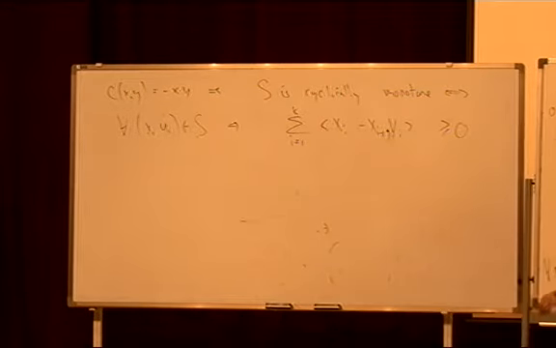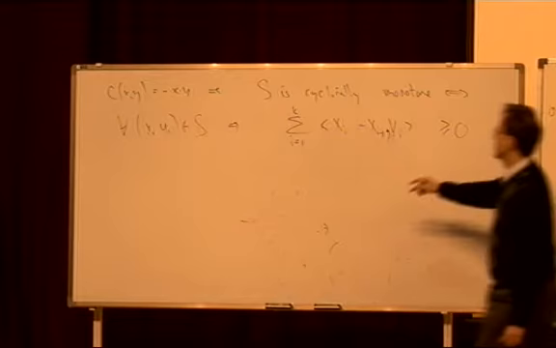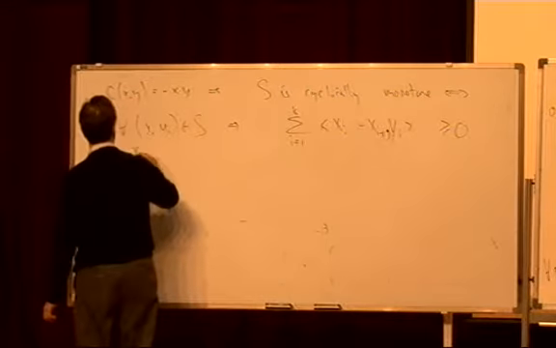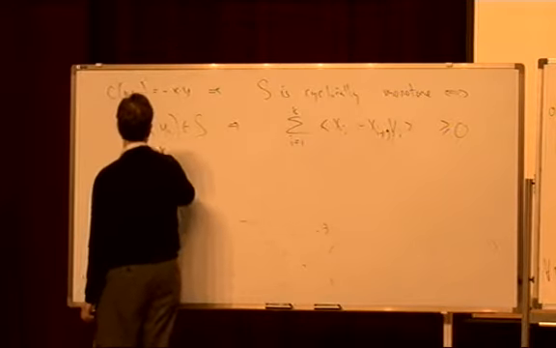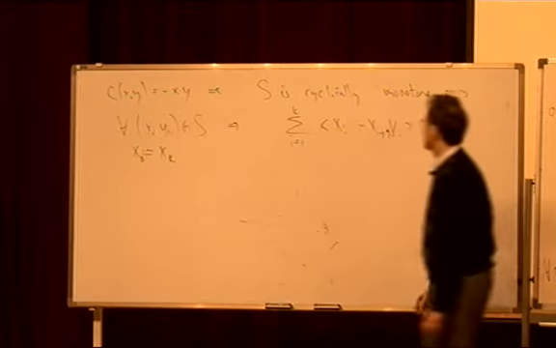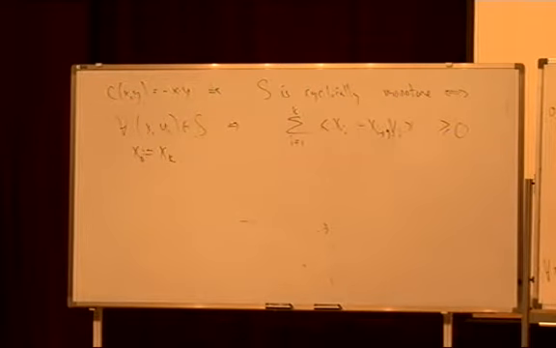With the convention that x0 is xk by convention. And this is supposed to look very much familiar to you.